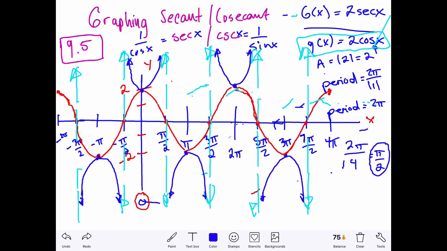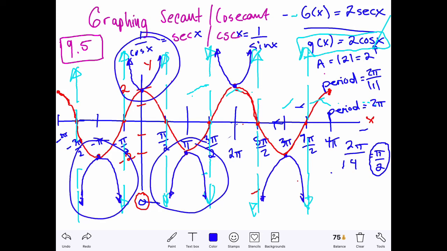The other graphs you're just drawing to give shape and form to your secant graph, but the actual secant graph is what's here in blue. I hope this helps you get started in 9.5. Thank you.